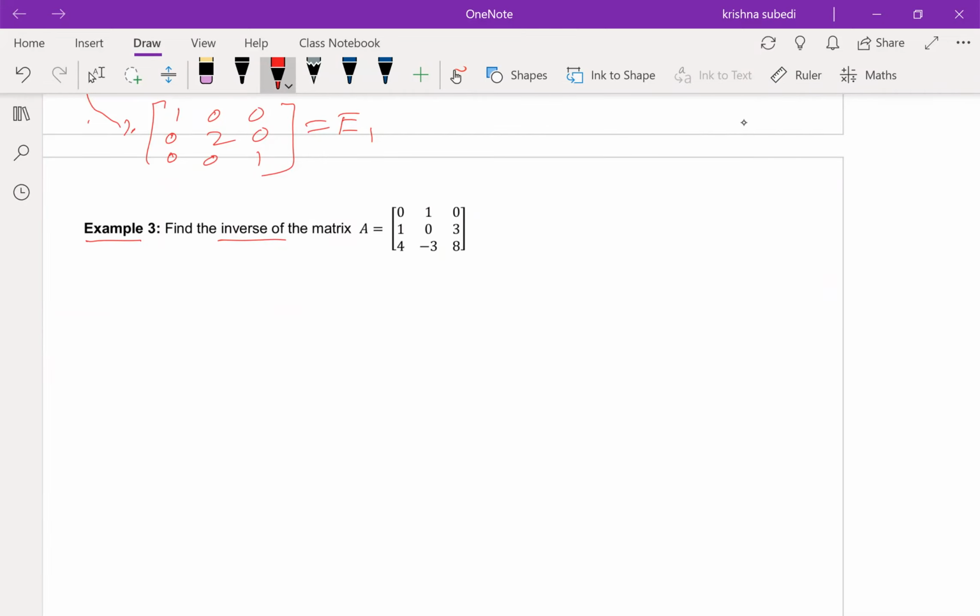The previous method that we learned for 2 by 2 doesn't work here. We need to do it a different way.